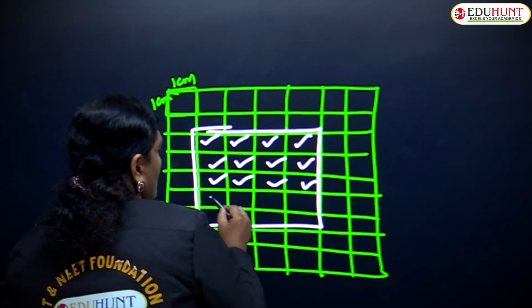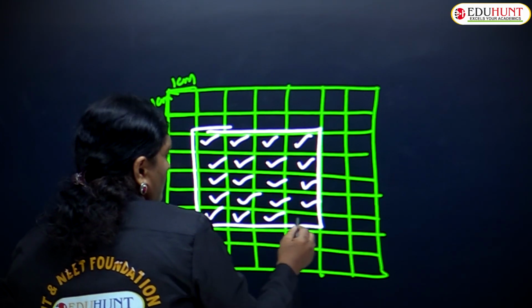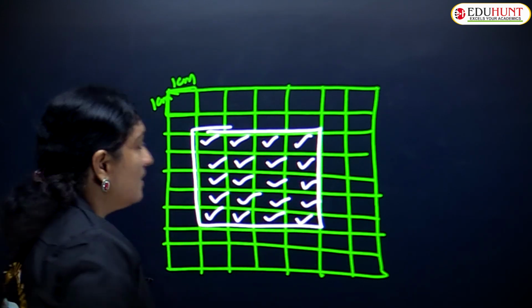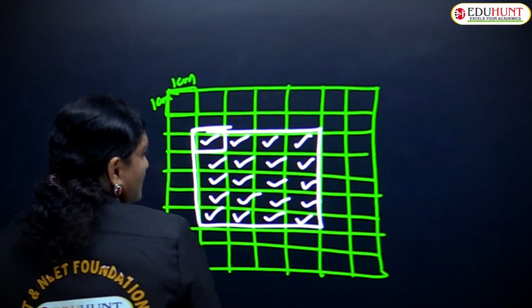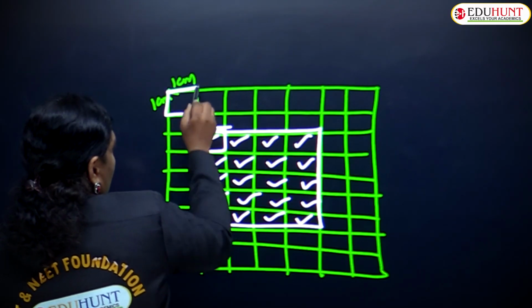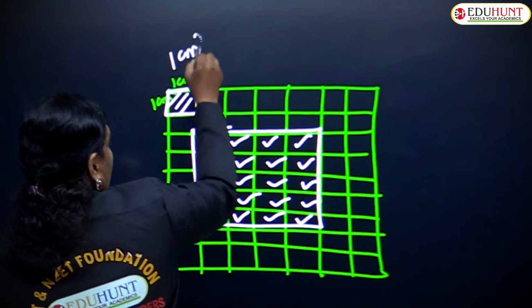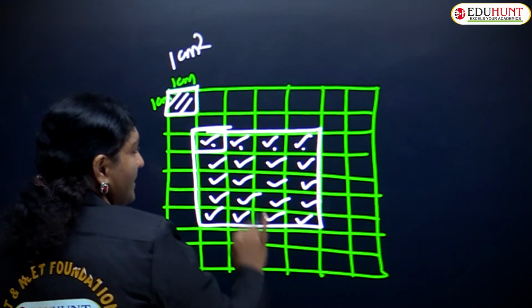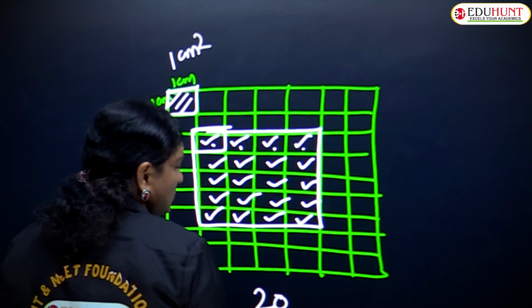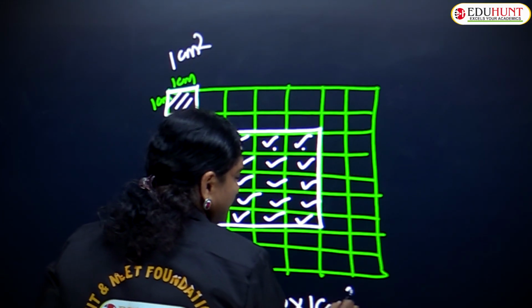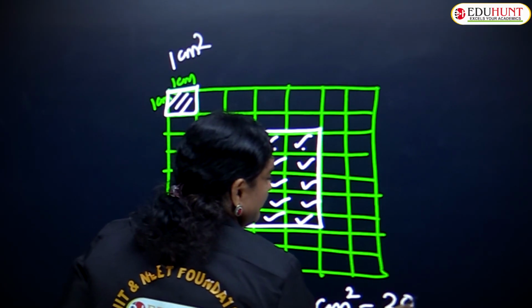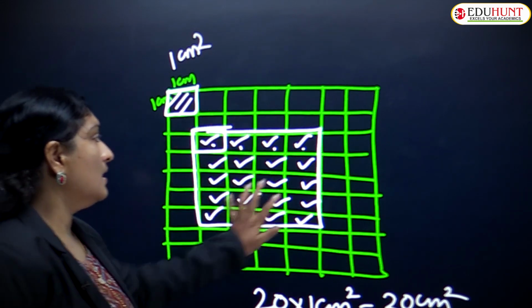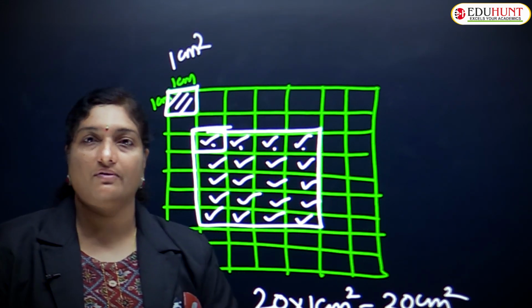So total how many squares are there, children? 1, 2, 3, 4, 5, 1, 2, 3, 4, 5, 5 fours 20. Each block is 1 centimeter into 1 centimeter, so each has an area of 1 centimeter square. Total how many blocks are there? 20 blocks, each having 1 centimeter square area. So the total area of the given picture will be 20 centimeter square. This is how you will be measuring the surface area of a given object.